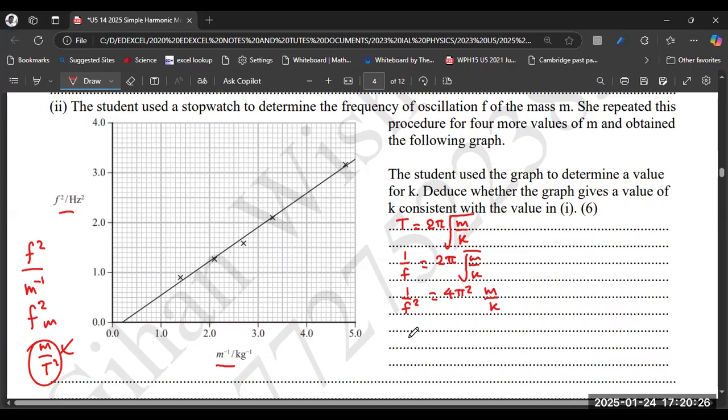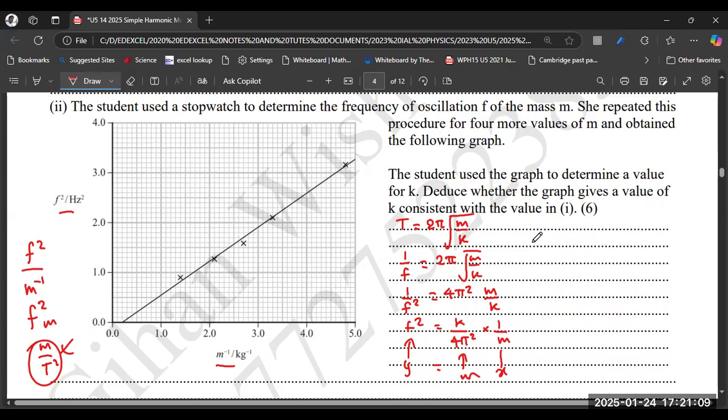I'll take the reciprocal of everything. f squared is equal to 1 over 4 pi squared. This m goes down, k goes up. k I will write here, m I will write here. It's done. Now it looks like what? y equals mx. Good to know, isn't it?